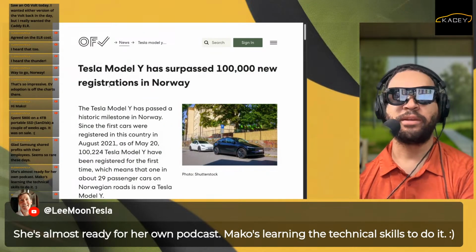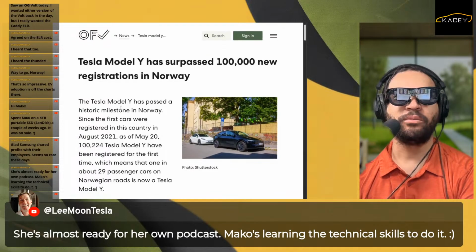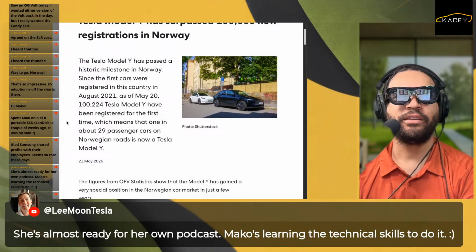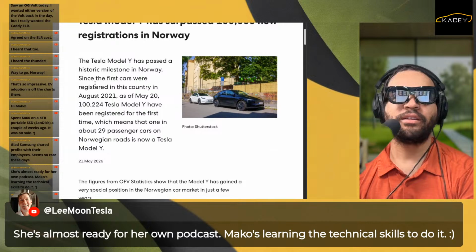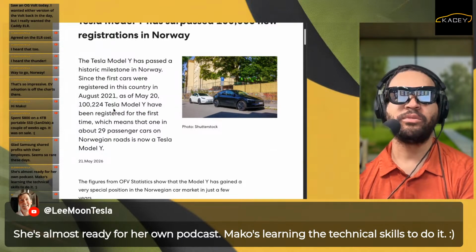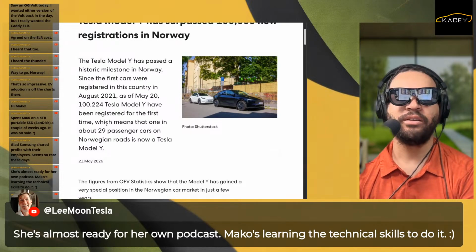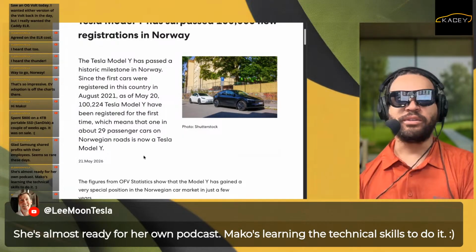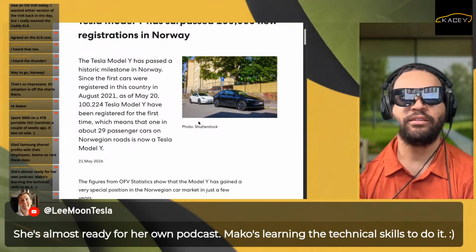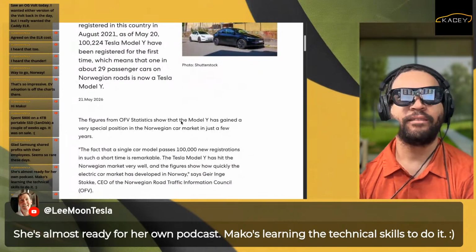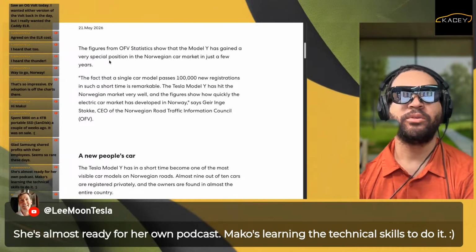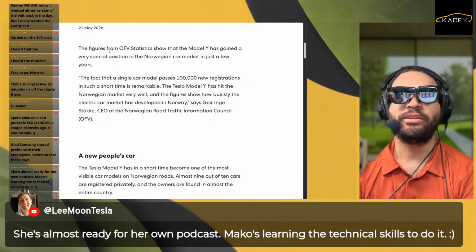Tesla Model Y has surpassed 100,000 new registrations in Norway. It's a historic milestone. Since the first cars were registered in this country in August 2021, as of May 20, 100,224 Tesla Model Ys have been registered for the first time, which means that 1 in about 29 passenger cars on Norwegian roads is now a Tesla Model Y. Figures from the OVF statistics show that the Model Y has gained a very special position on the Norwegian car market in just a few years.